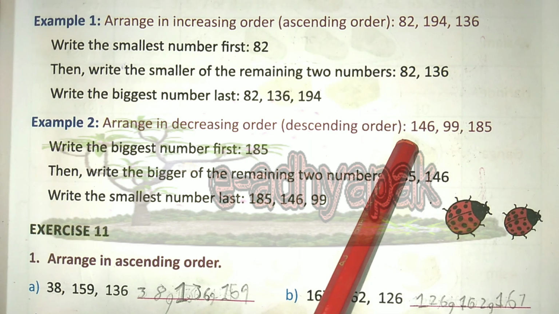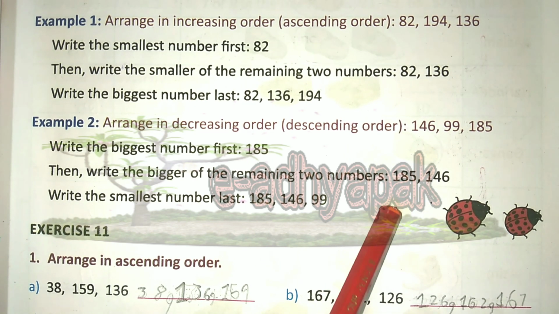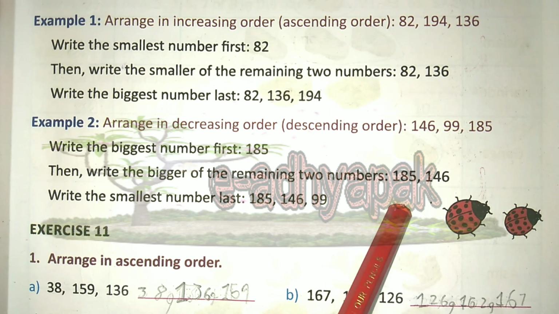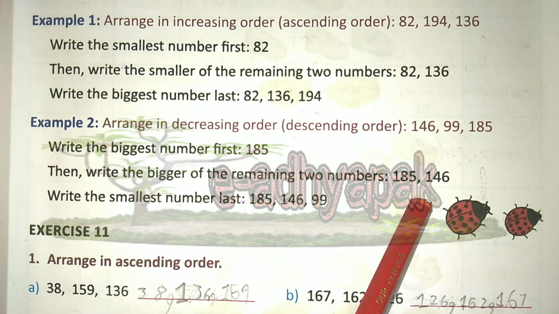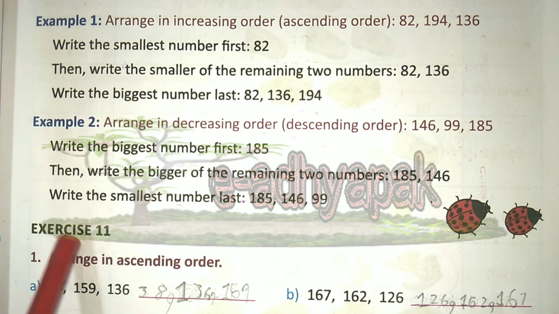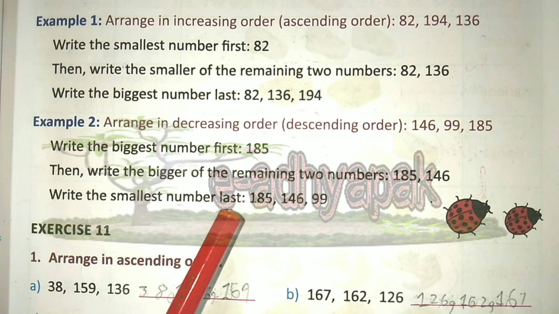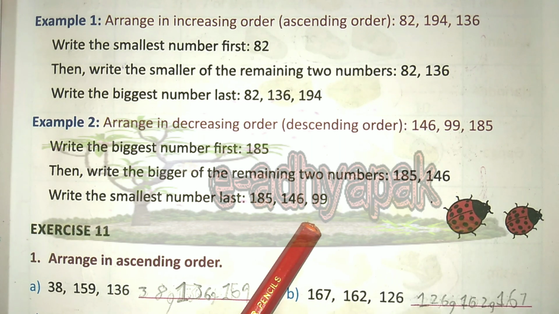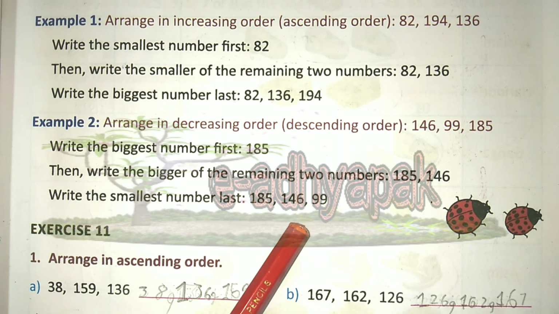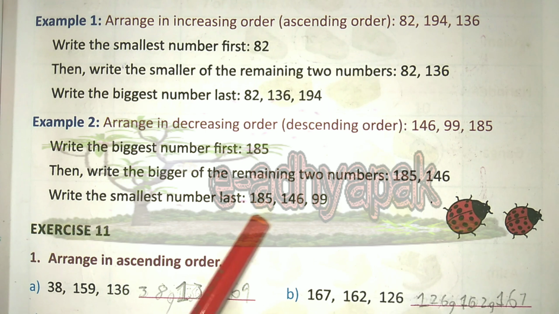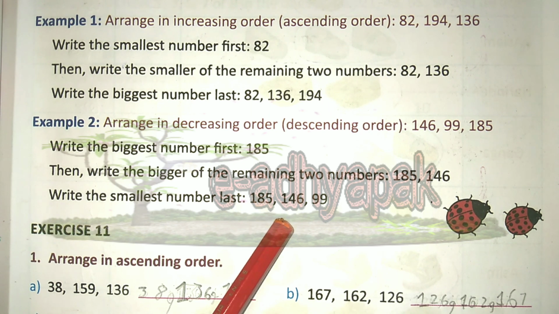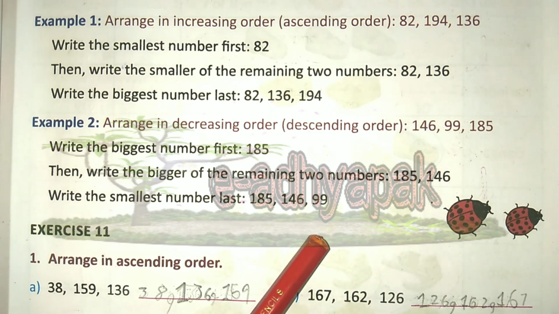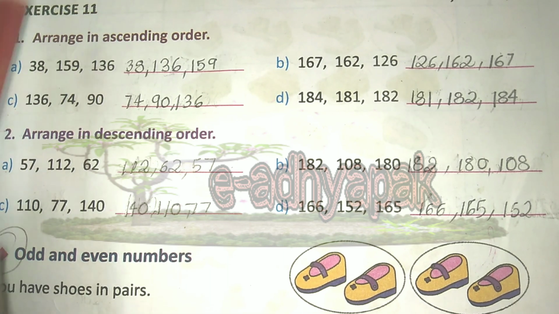So 146 is the bigger one. So after 185 it will be 146. And at the last you have to write the smallest number, which is 99. So your answer will be 185, 146 and 99.